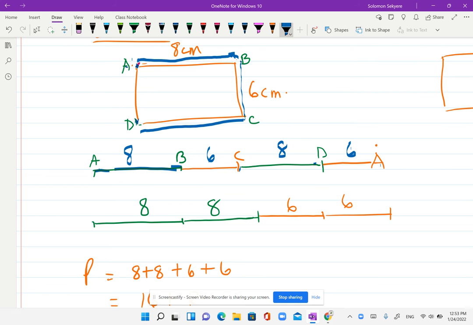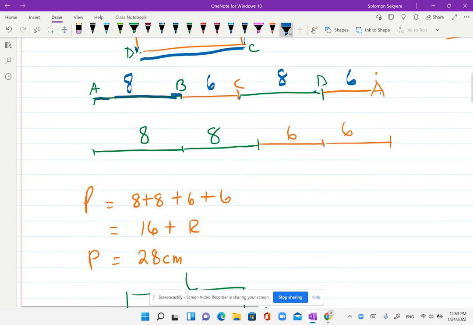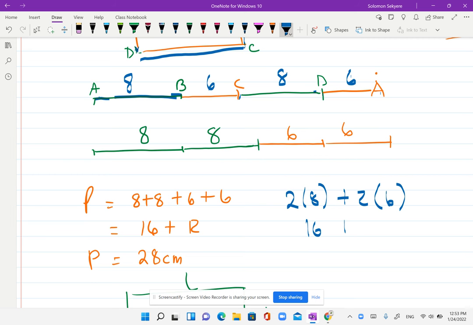We did two 8s and then two 6s. This is the perimeter when you add all the sides. So it is two of the 8s plus two of the 6s. That is 16 plus 12. There you go. That is your perimeter.